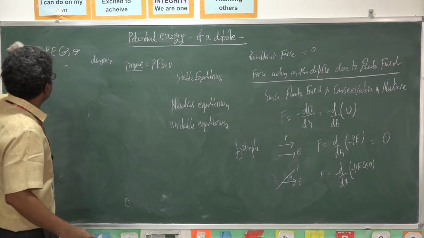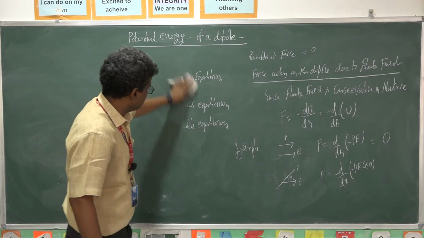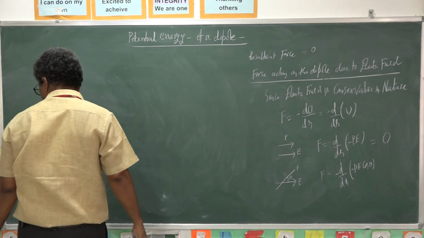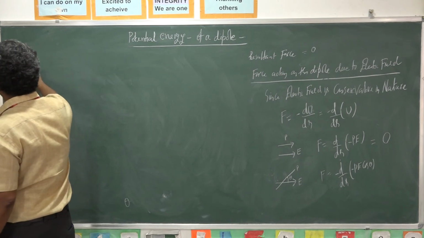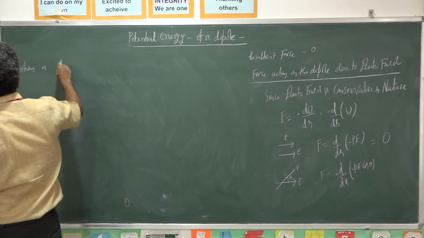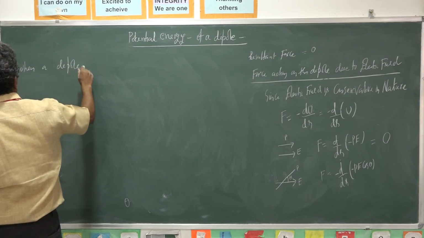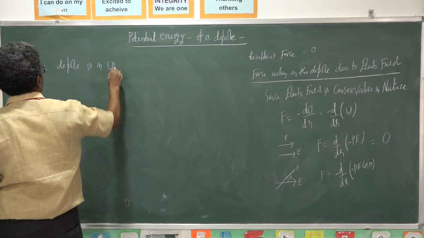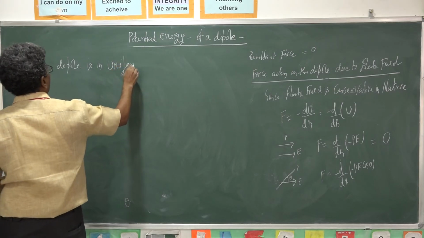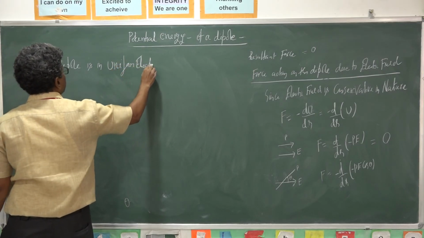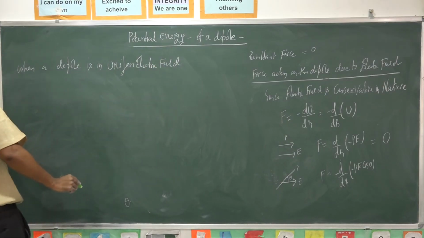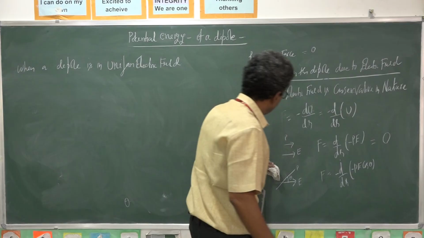So far we discussed the potential energy, and one more point I want to conclude: when a dipole is in a uniform electric field, the net force acting on it is 0.